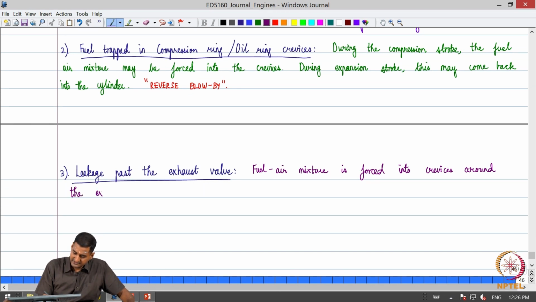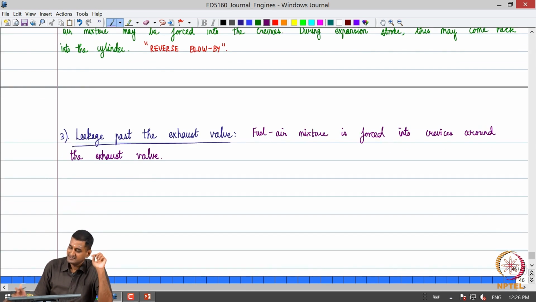Now when the exhaust valve opens, this will escape through it into the exhaust manifold.